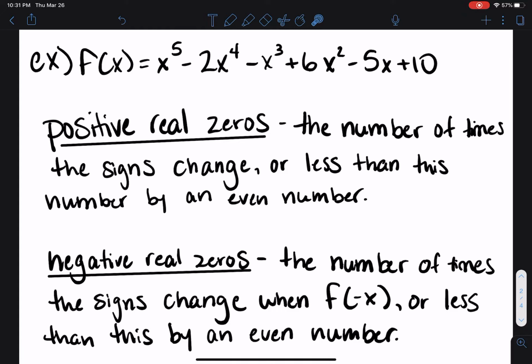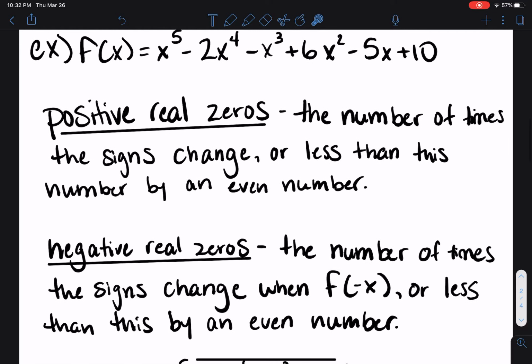Pretty similarly, the amount of negative real zeros from this function is going to be the number of times the signs change when we're looking at f of negative x. For positive real zeros, we're looking at the regular f of x, evaluating the function at x. For negative real zeros, we're evaluating the function at negative x. And this also can be less than this by an even number.